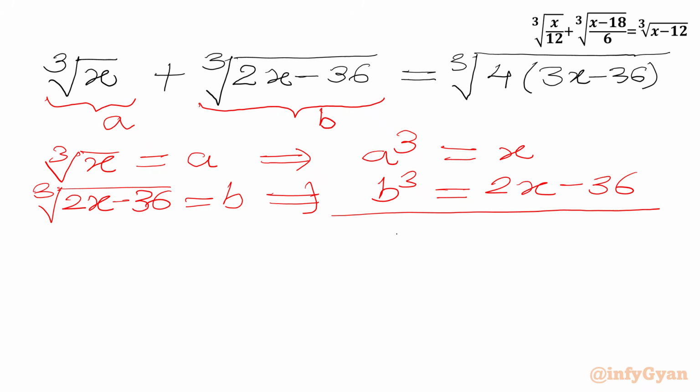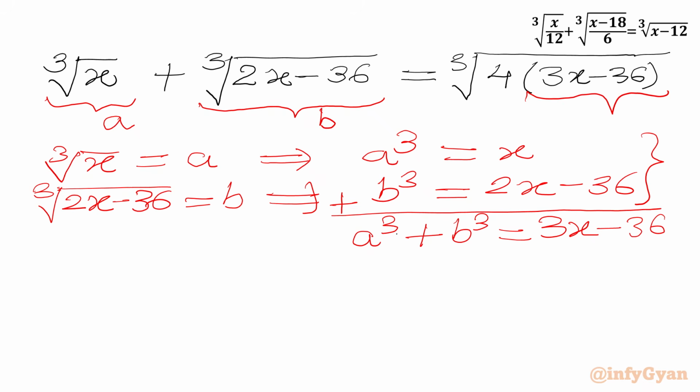Now we have to add these two equations. So we will be getting a cube plus b cube equal to x plus 2x is 3x minus 36, which is here.